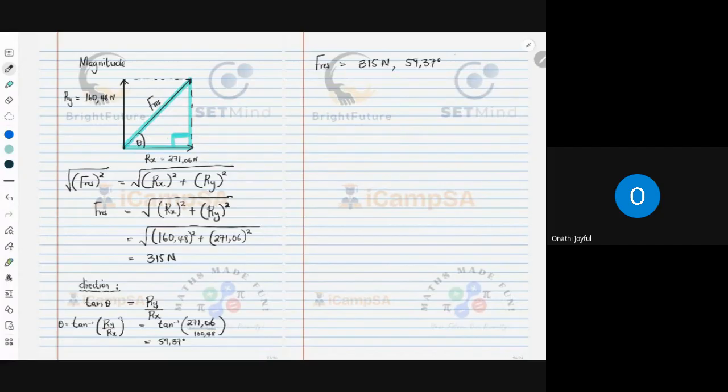Yo, I need a new pen, guys. This thing is not nice. What is this doing? Okay, fine. So this is how you write your final answer of a resultant vector in 2D. Magnitude and direction. If it's missing one of these two things, it is not a vector, it's a scalar. Okay, and we don't do scalars here, we do vectors.